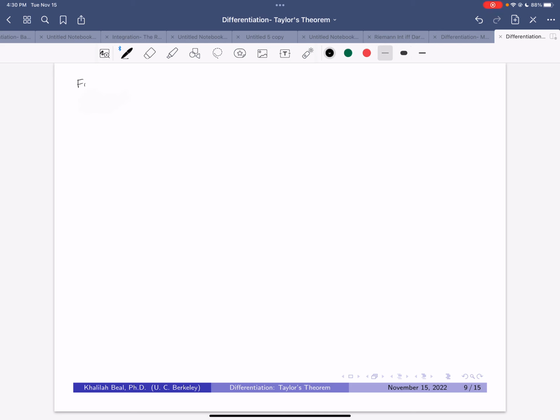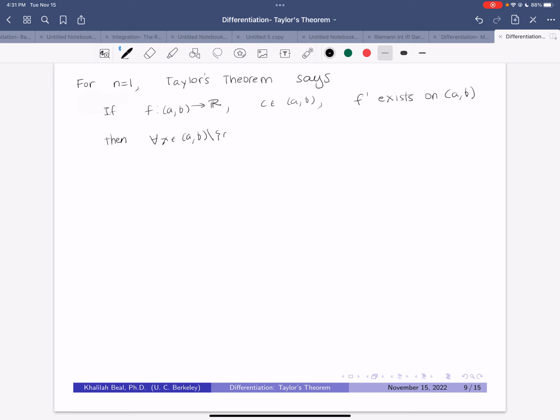So for n equals 1, Taylor's theorem says, if f goes from (a,b) to R, c belongs to (a,b), f prime exists on (a,b), then for each x in (a,b) that's not c, there exists a y between x and c such that R1 of x is equal to f prime of y over 1 factorial times x minus c to the 1.